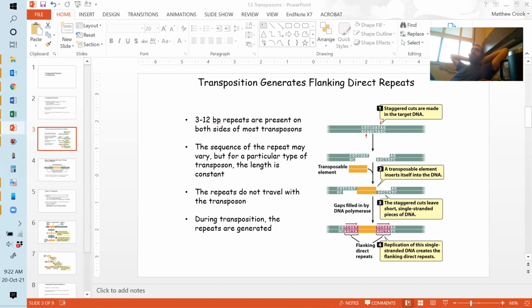What do you think would happen if this transposition occurred in the middle of a protein coding region? So in the middle of a bit of DNA that encoded a protein, what do you think would be the consequence now? Do you think that would be positive, negative, or neutral?